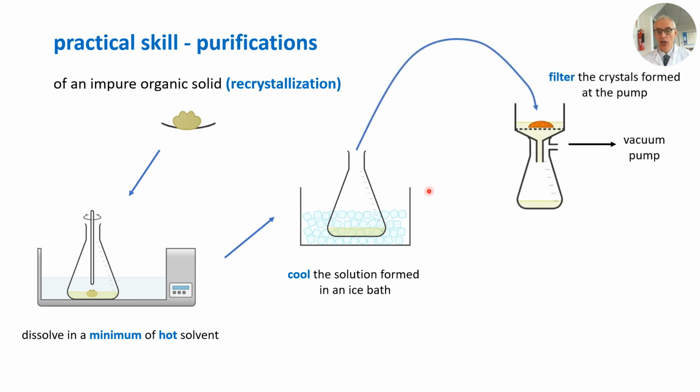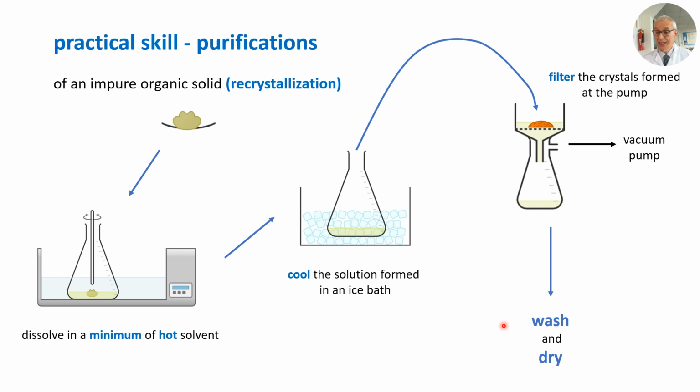The crystals that are formed in this process are then filtered at the pump. Might be known as vacuum filtration or filter at the Buchner. Finally, and worth a mark for both ideas, you wash and dry.